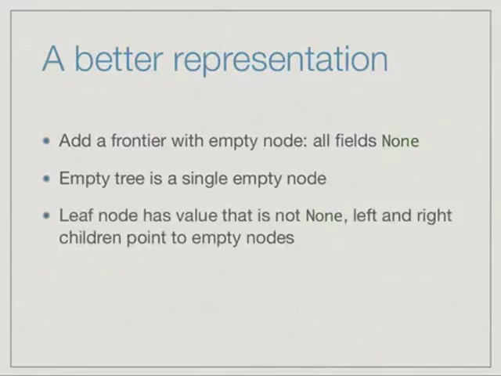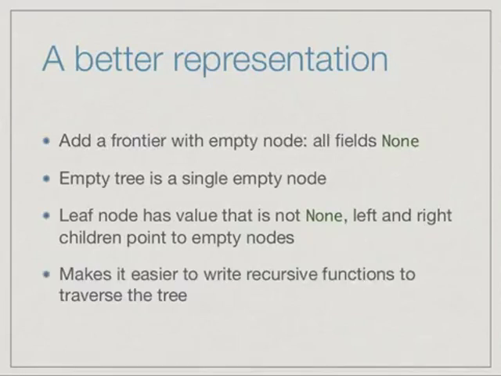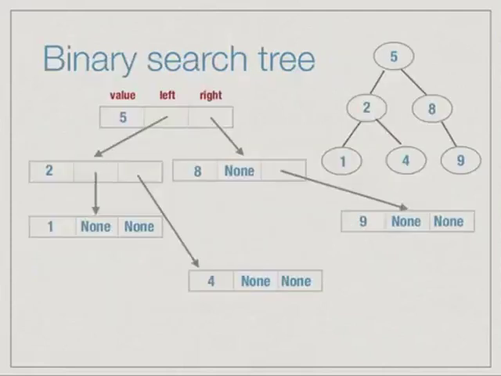And a leaf node that is not none will have a value and both its children will be empty nodes. So it won't directly have none as its left and right pointers. It will actually have children which are empty. So this makes it easier to write recursive functions. And if we don't do this, then it's a bit harder to directly implement recursive functions. So just to understand how our tree structure changes, this is the structure that we had before, the same example.